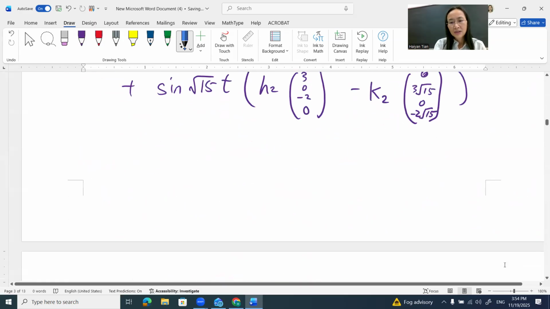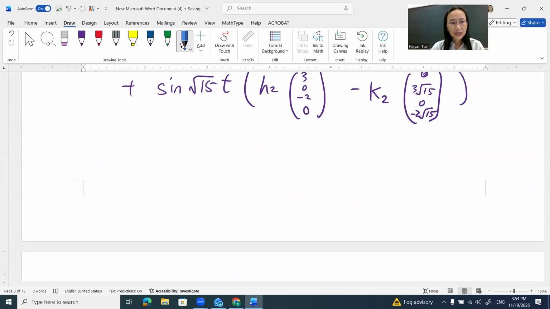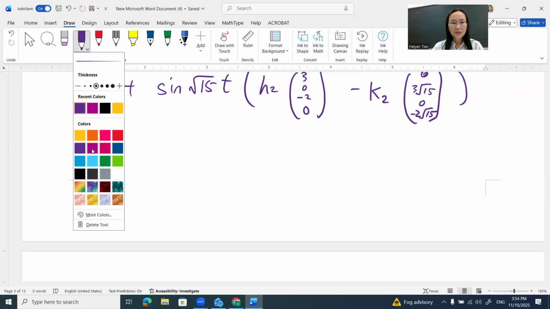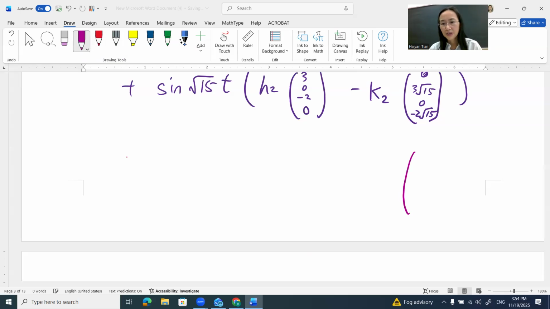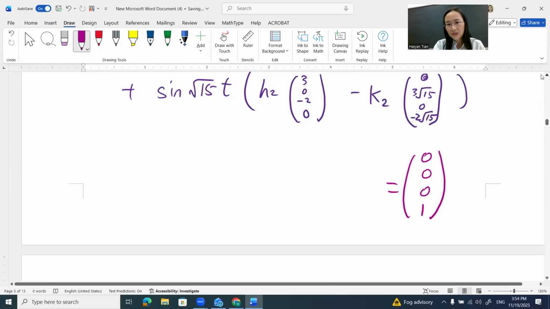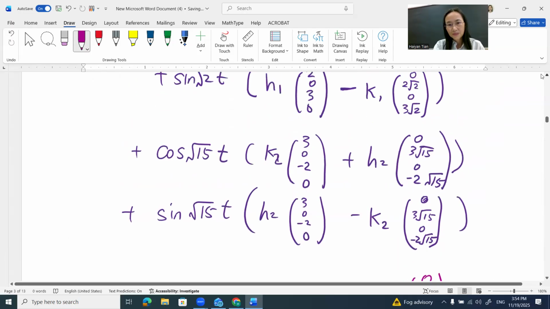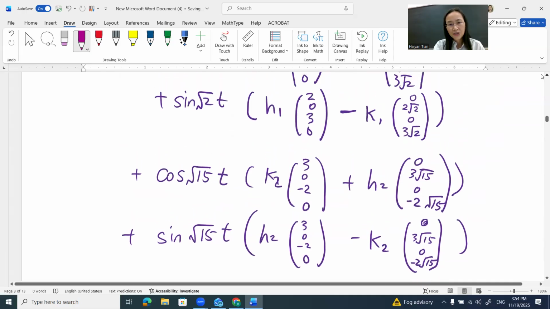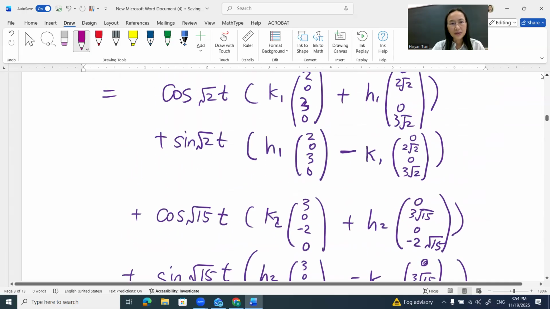So here, we know that the initial condition must be 0, 0, 0, 1. That's the initial data. So that means this solution in this form, when t is 0, what happens?